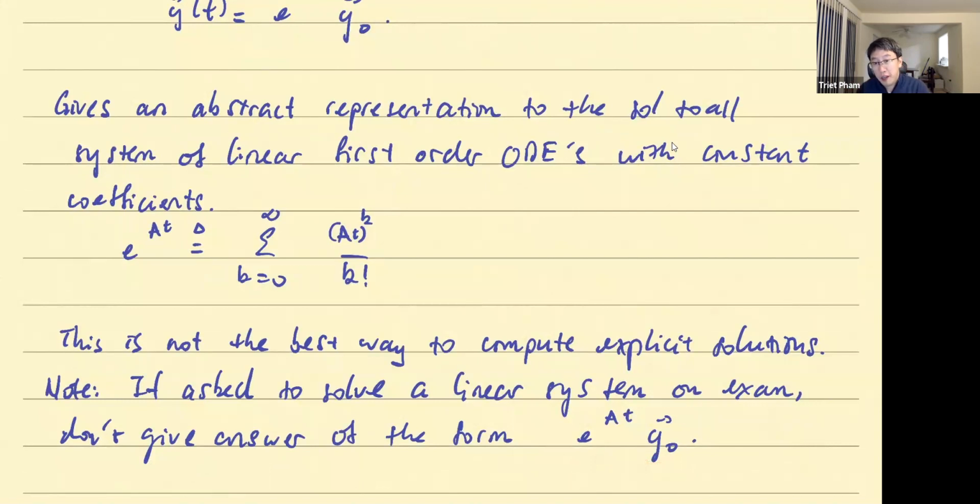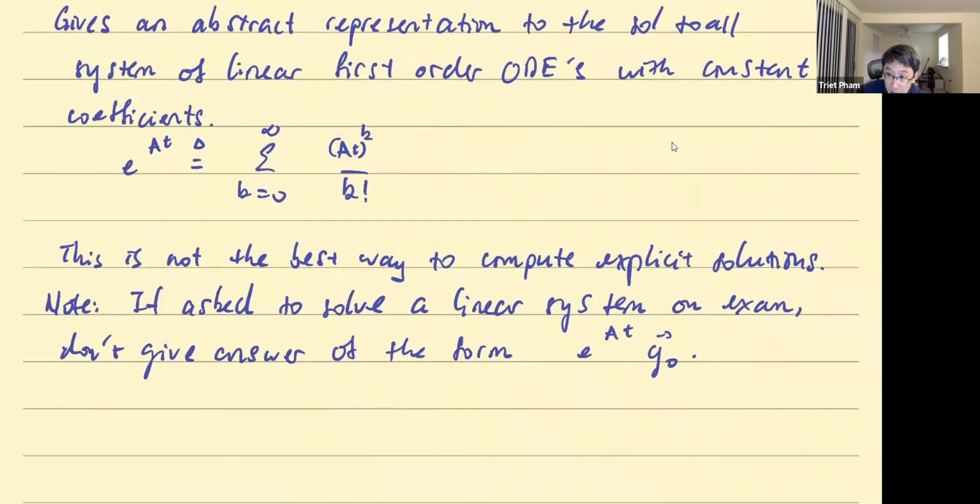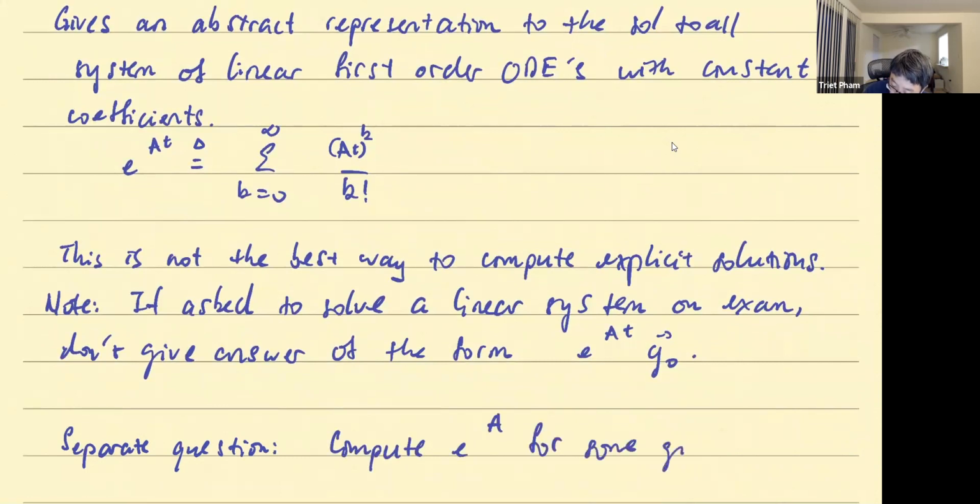Because you could just give this answer for any system I ask. But what I will ask is a separate question on how to compute e to A for some given A. In other words, I will ask a matrix exponential question: I give you an A and ask you to compute e to A. But if it's a system, do use the eigenvalue, eigenvector approach.